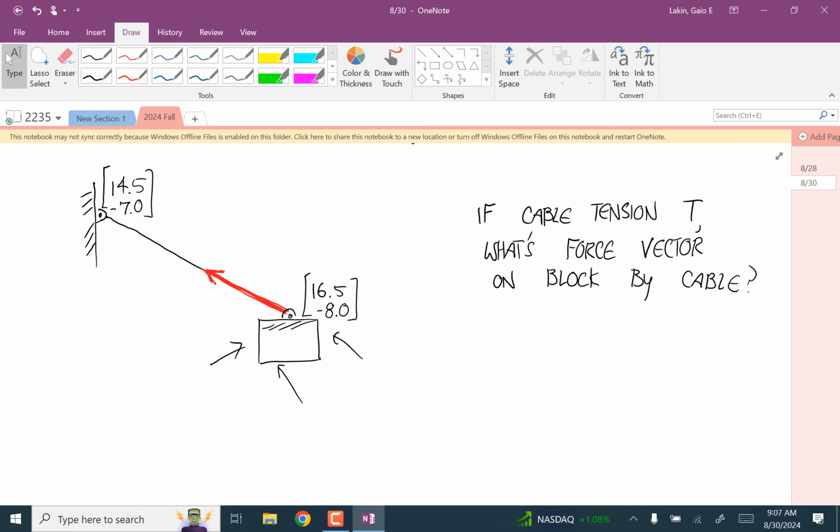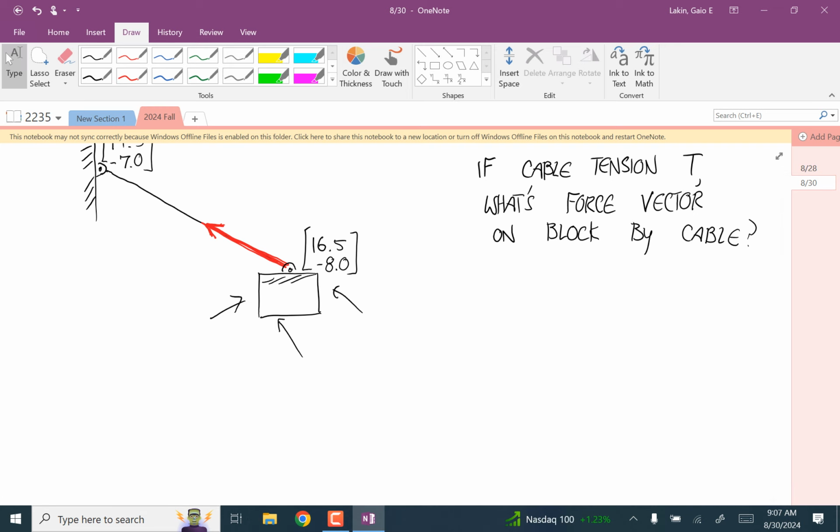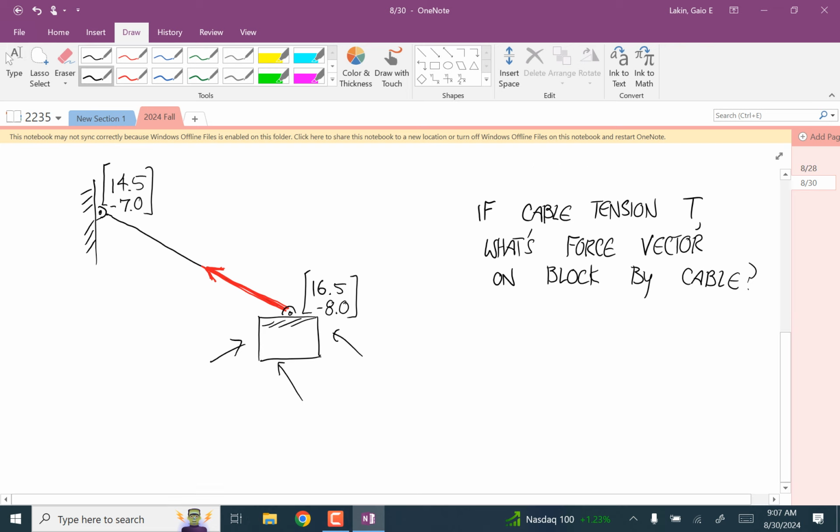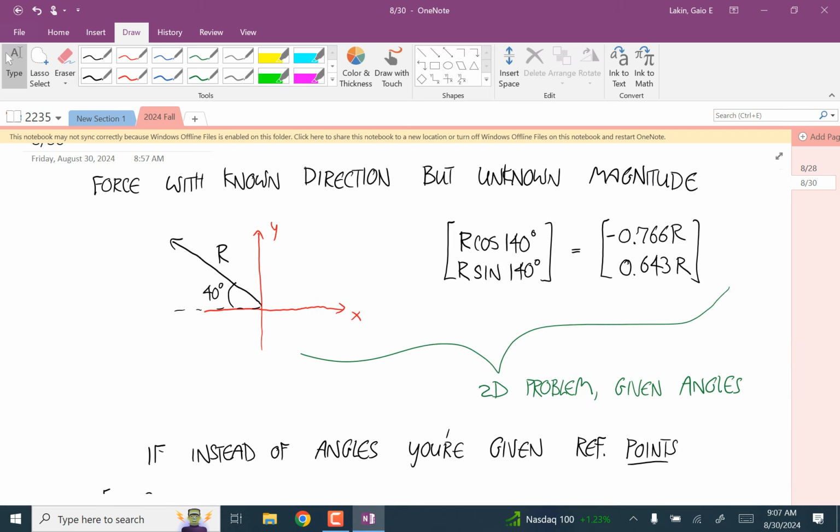And so this force vector is going to be, I'm going to do it in a couple of steps. I'm going to first figure out a vector that goes to the wall from the block. Then I'm going to calculate the unit vector in that direction. Notice that in the angle version, a lot of times we don't think of this as a unit vector, but since cosine squared plus sine squared is equal to 1, you can tell that this is a unit vector.